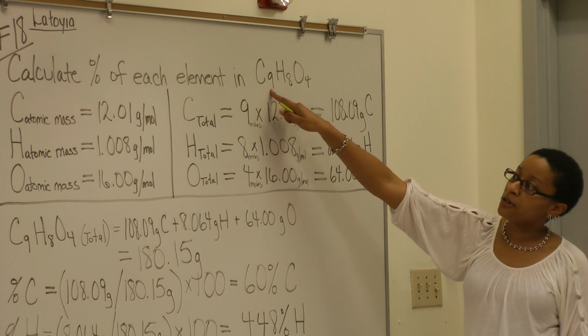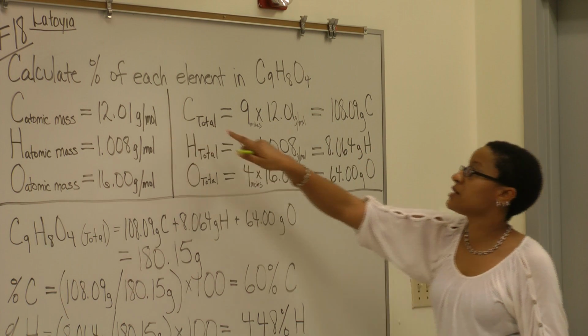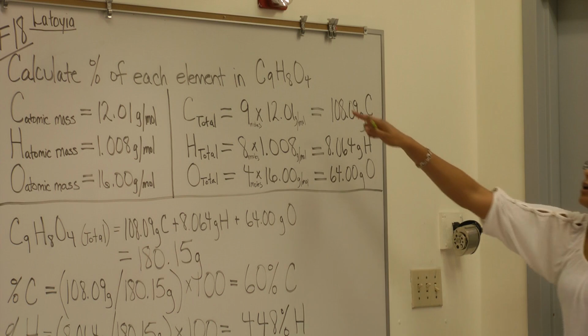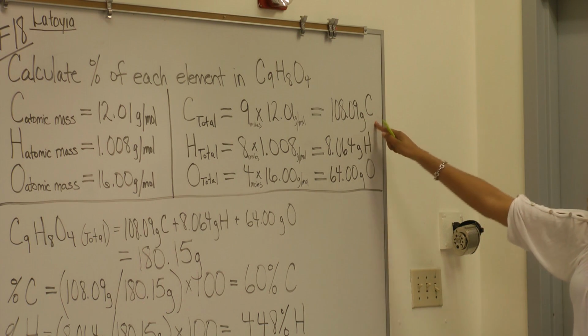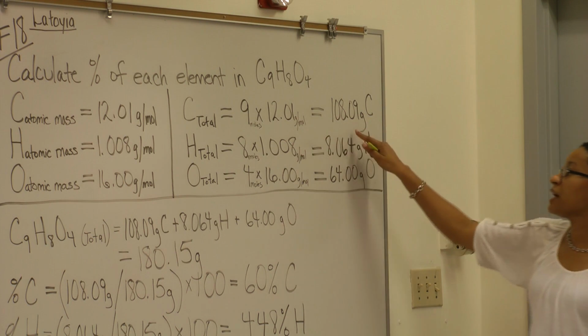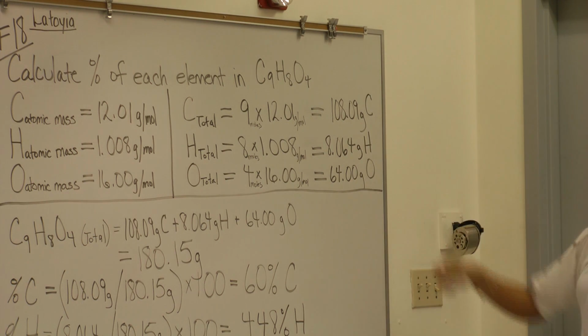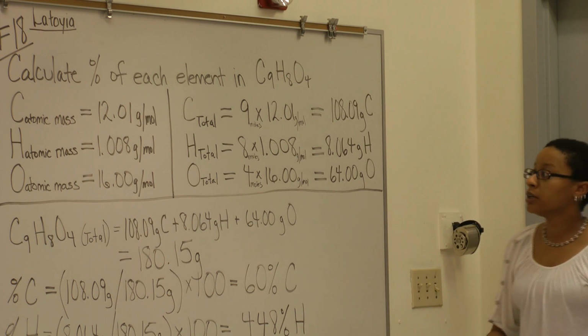So you'll take that number times the atomic mass, and it'll give you the total amount of that element in the compound. So for carbon, when you take 9 times its atomic mass, you find that there's 108.09 grams. And you do the same thing for all three.